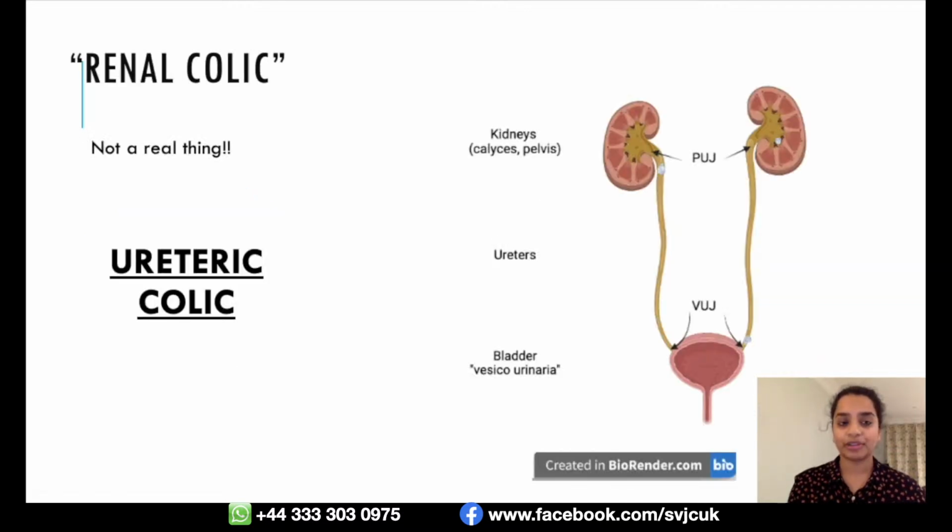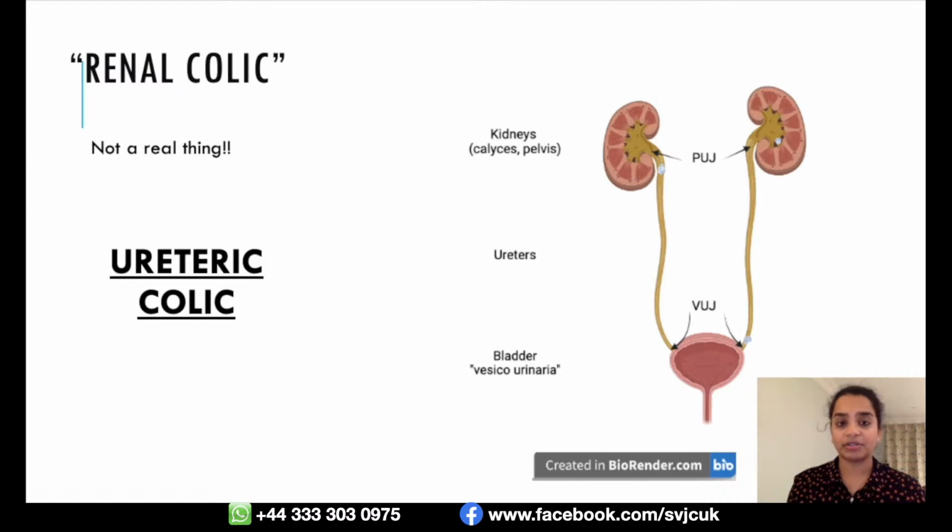Now, the term renal colic is a slightly odd description as it is inaccurate. Really, we get colic when the stone is located within the ureter. As you can see on this picture, I've highlighted a renal stone, which is in the left kidney, a PUJ stone, which is in the right kidney up at the top, and then a VUJ stone down at the bottom of the left ureter.